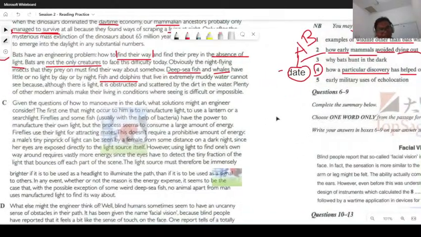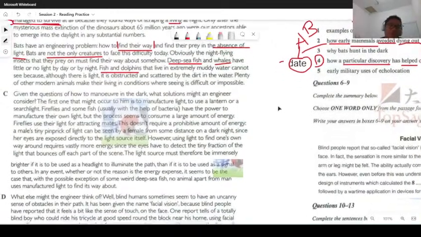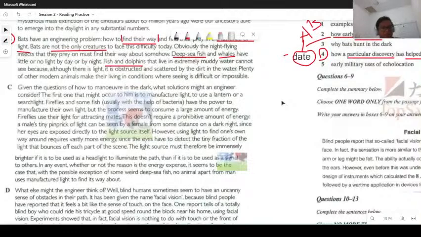Fireflies and some fish, usually with the help of bacteria, have the power to manufacture their own light, but the process seems to consume a large amount of energy. Fireflies use their light for attracting mates. This doesn't require a prohibitive amount of energy. A male's tiny pinprick of light can be seen. Okay, so far, no keywords. We're gonna keep going. However, using a light to find one's way.